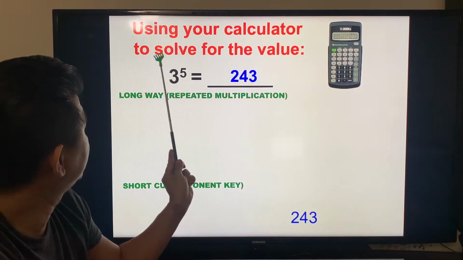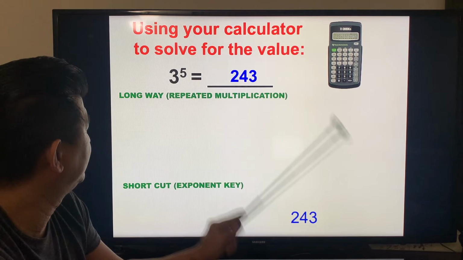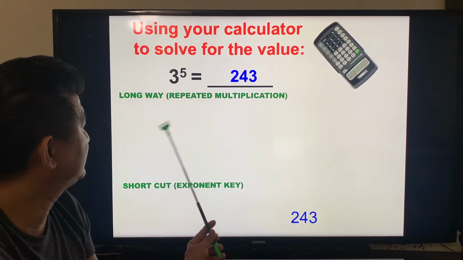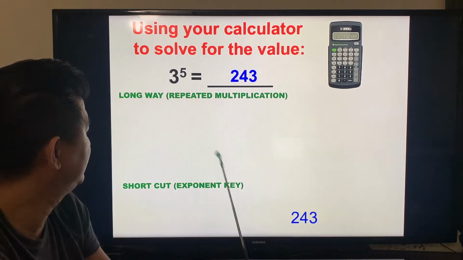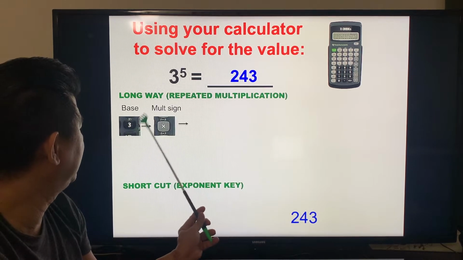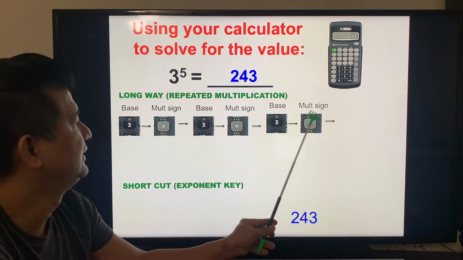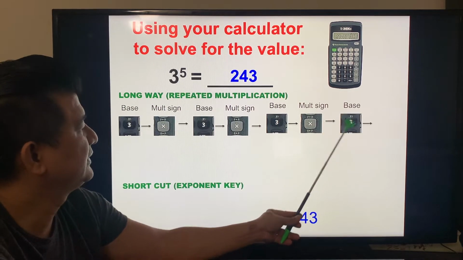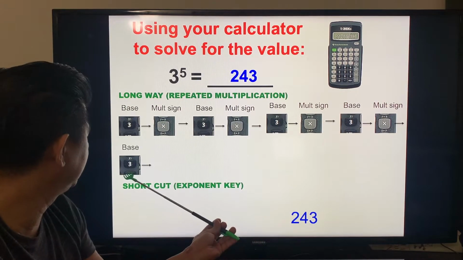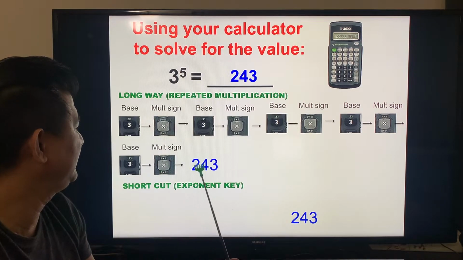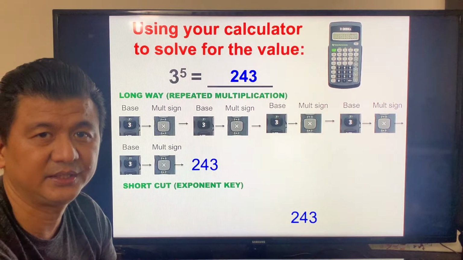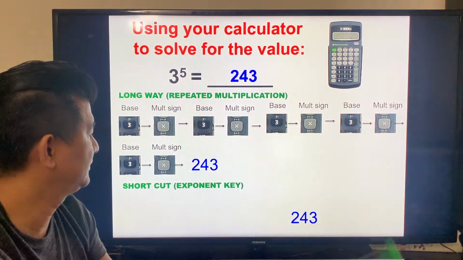So using your calculator to solve for the value, we already know that. The long way is, okay, your trusted calculator. The long way is just multiply 3 and then the times button times 3 times button 3 times button 3 and then times button, times 3 again, then equal, you get 243. Okay? Now, check this out.